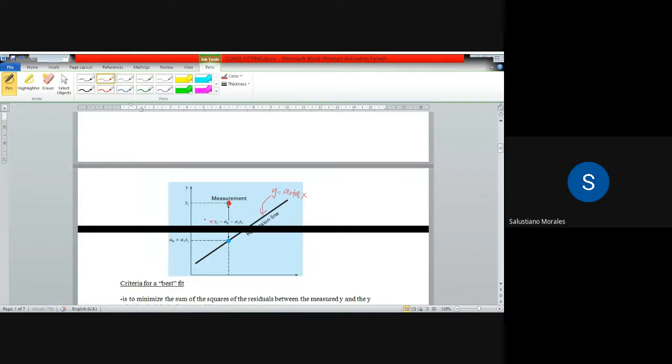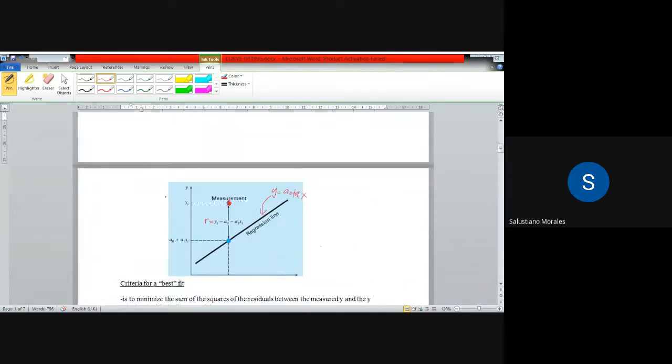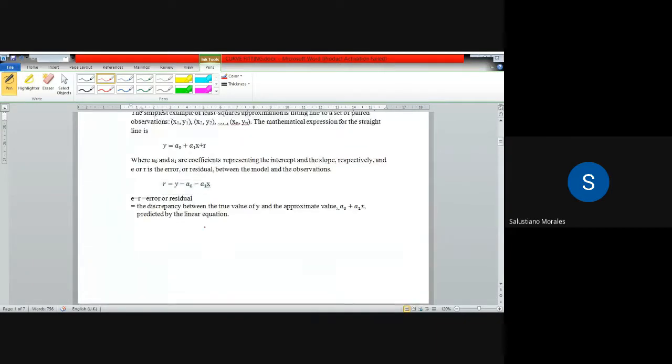The difference between the model and the given point is the residual or error, with the formula yi, that is the value of y, minus a0 minus a1xi, which is the value of the model. The difference is called the error or residual. So our equation should be y equals a0 plus a1x plus the error or residual.